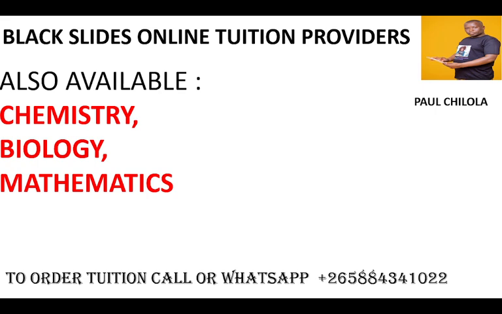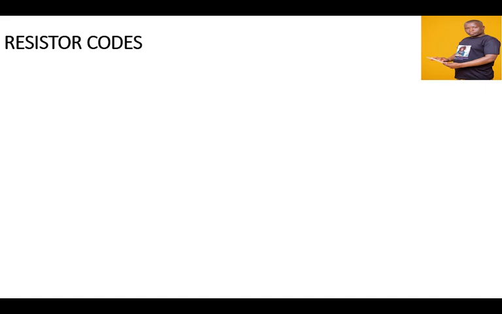Welcome to today's lesson. This is a lesson in physics in a topic called electrical resistance. Today we look at a very important aspect of electrical resistance, which is called resistor codes.